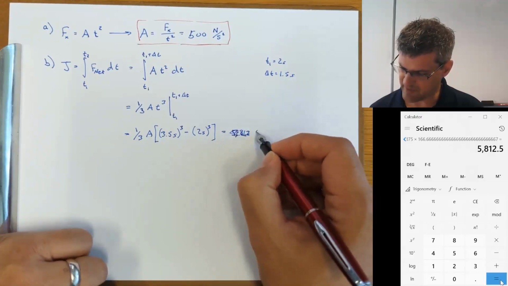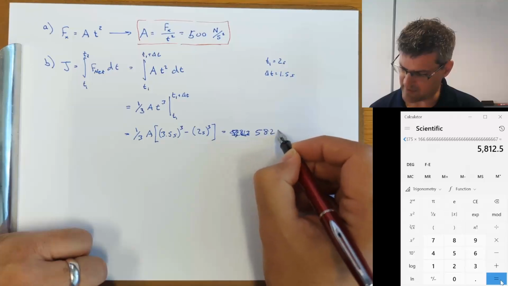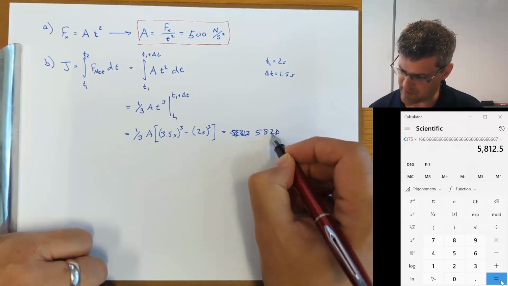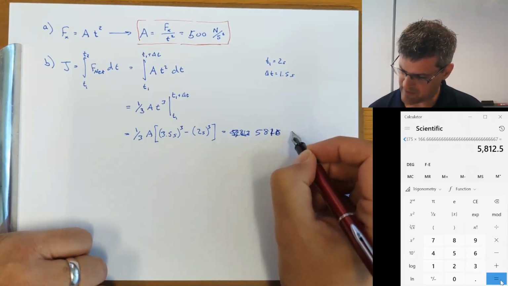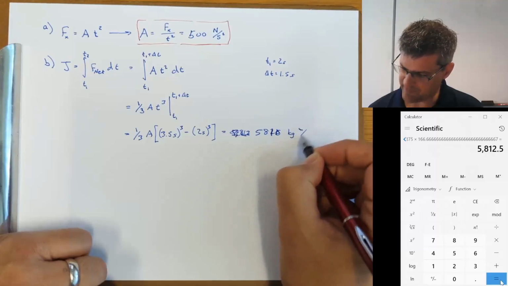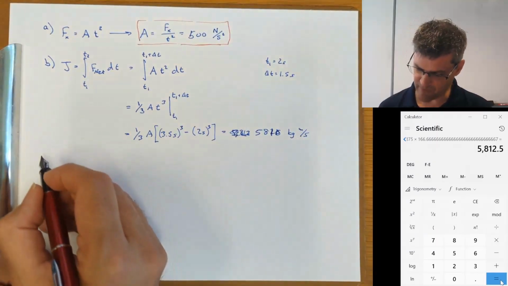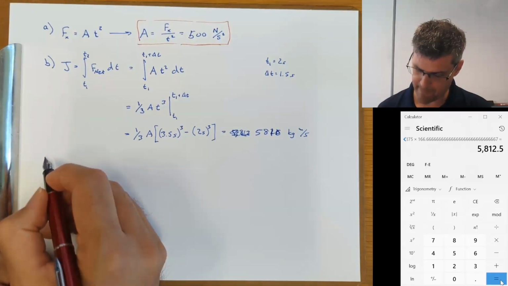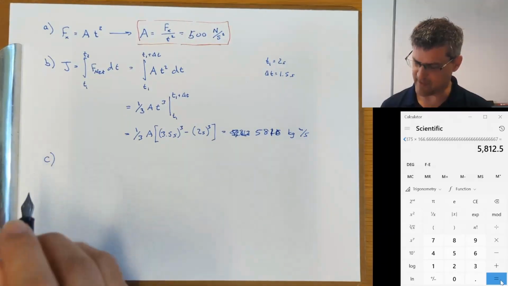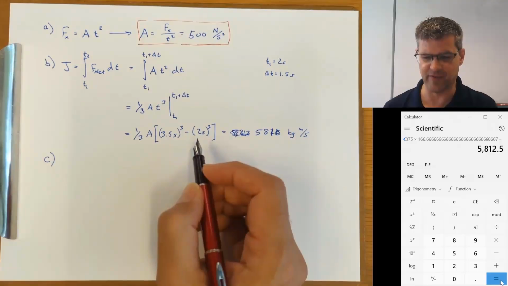Let's call it 5810 kilogram meters per second. Okay. So that is the impulse that was done.